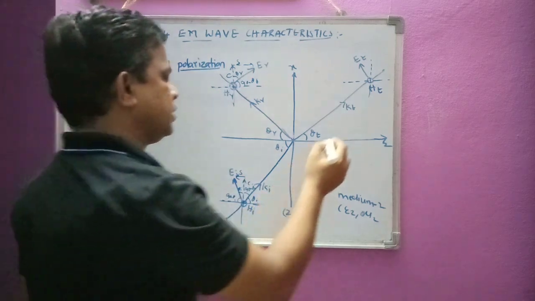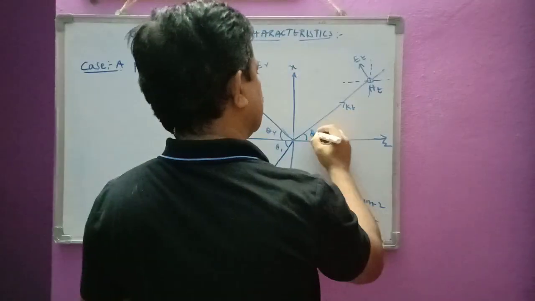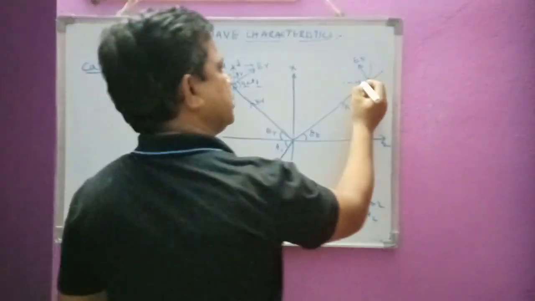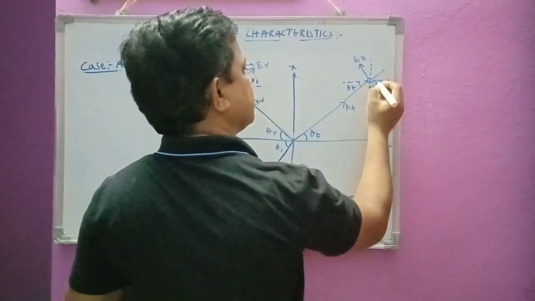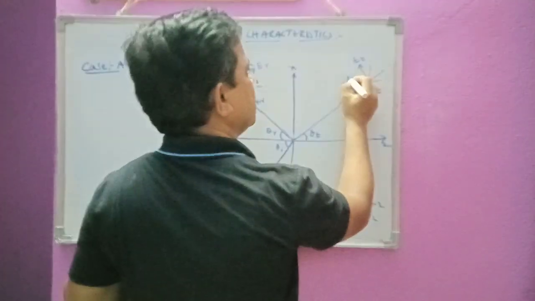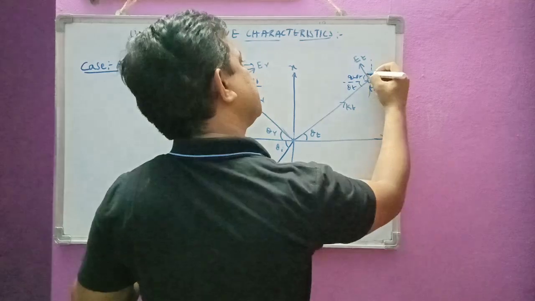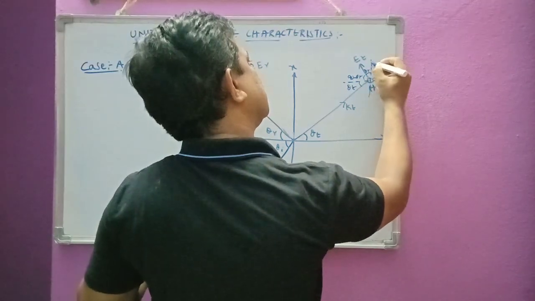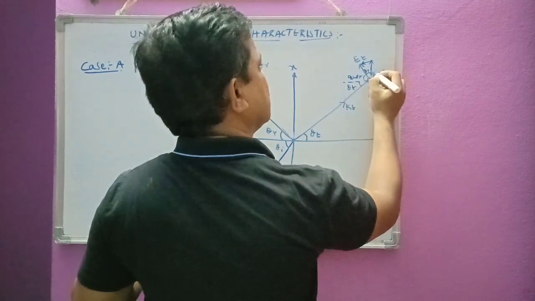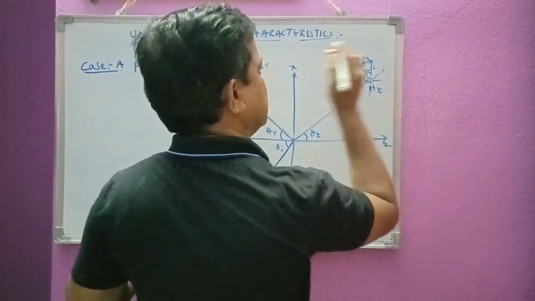Similarly, I can draw the same here, this is theta t. This angle is theta t, this one is 90 minus theta t, and this will become theta t. So I am going to draw like this. This is a cosine component and this is a sine component.